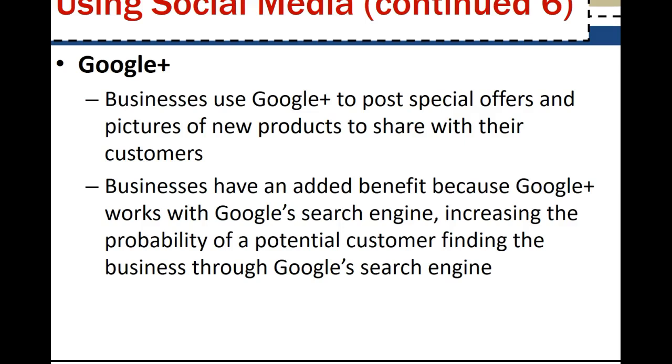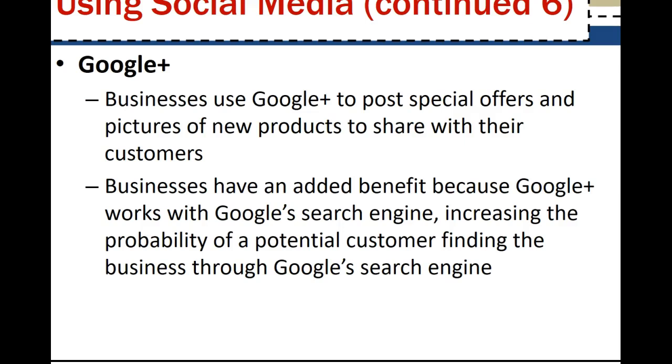Businesses can have an added benefit because Google Plus works with the Google search engine. So it can increase the probability of potential customers finding the business through Google search, which is very important. This is integrated into the Google search engine.